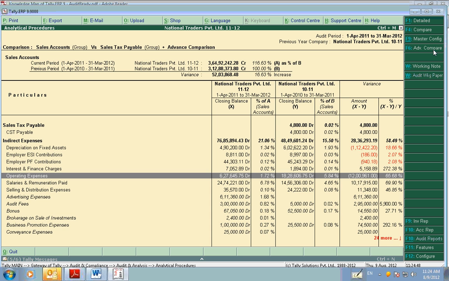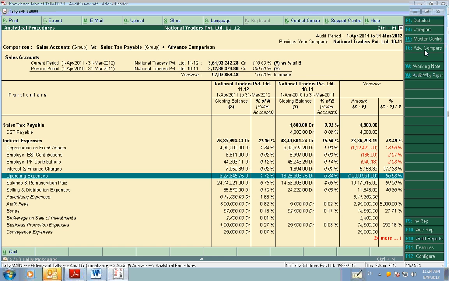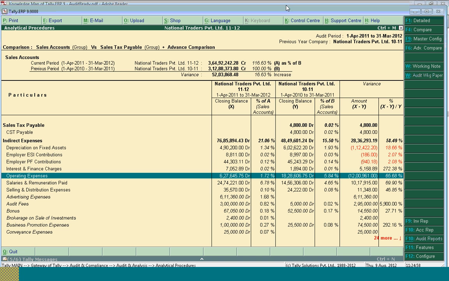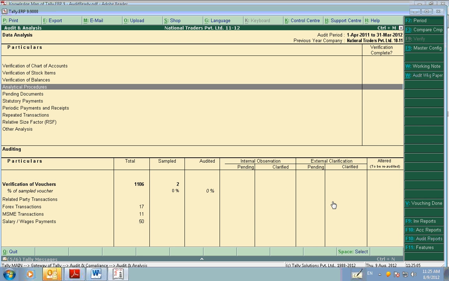Alright? So here you have these options, having a comparative study and drawing conclusions, right? So this is all about the analytical procedure.